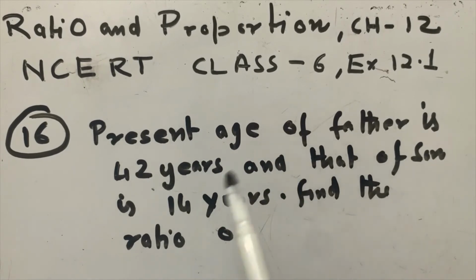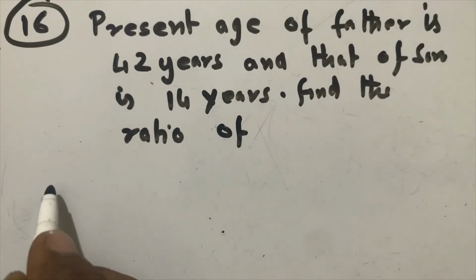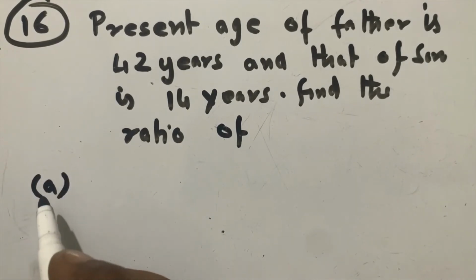Present age of father is 42 years and that of son is 14 years. Find the ratio of A, present age of father to the present age of son.